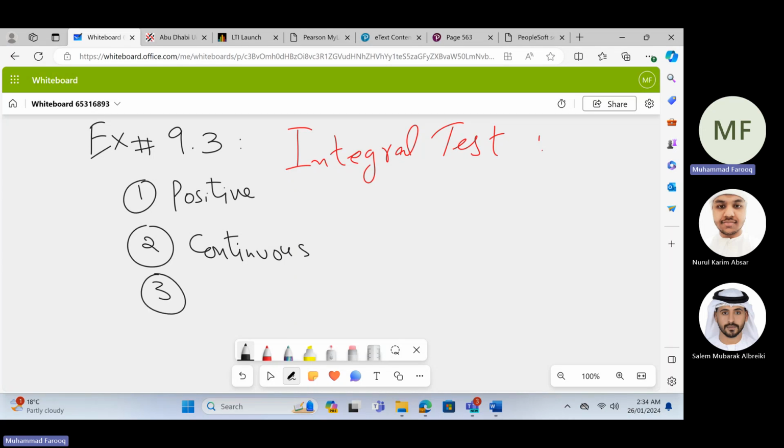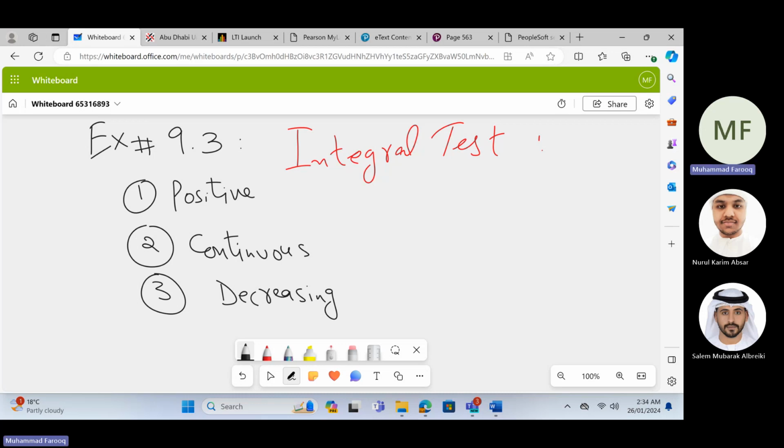Any idea? It's called what? Yes, D is easy. If these 3 conditions are okay, you can apply this test. Which test can you apply? Integral test.